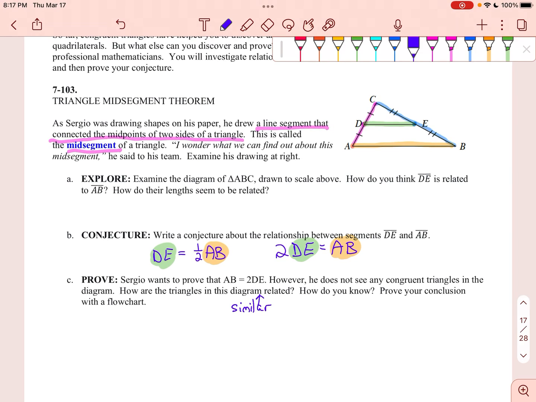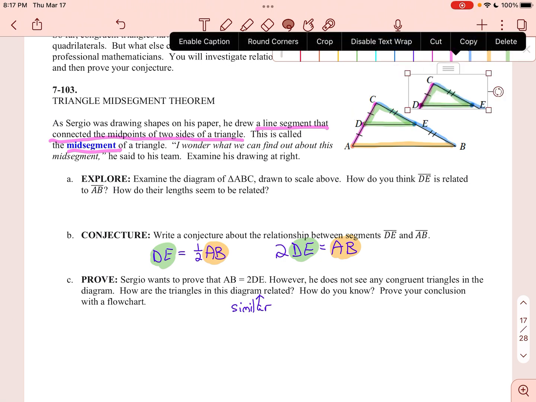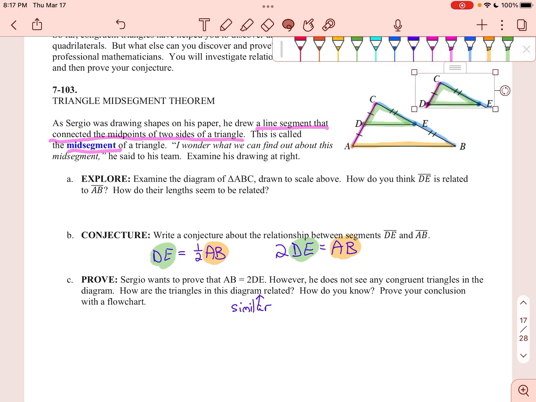Okay, and the triangles that they are referring to, if you look back up at the top, is the tip of the triangle right at the top. And I'm going to cut it out really quick right here. Copy and paste. Okay, so I'm specifically looking at this top triangle in relationship to that larger triangle right there.